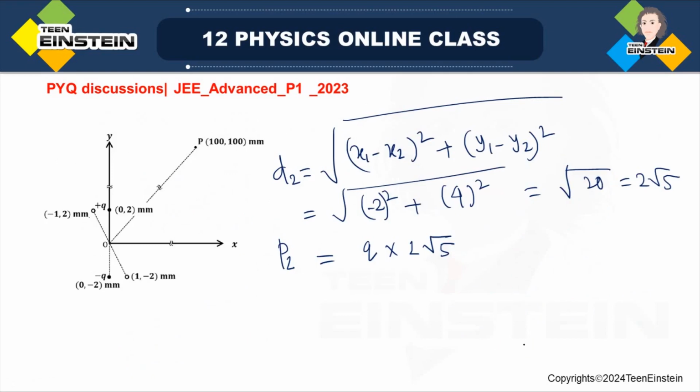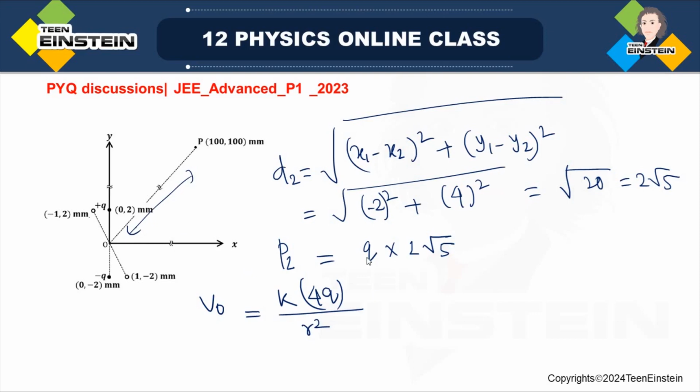Let me write down what V0 is. V0 is K, P1 is 4Q, divided by R square. This distance will be the same for both, so I am not calculating it, and I keep it as R square itself.